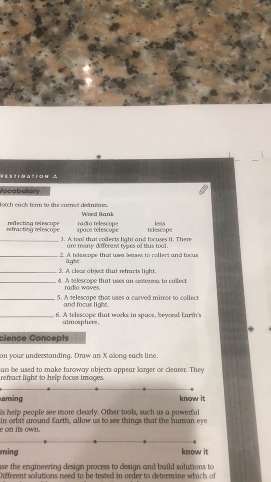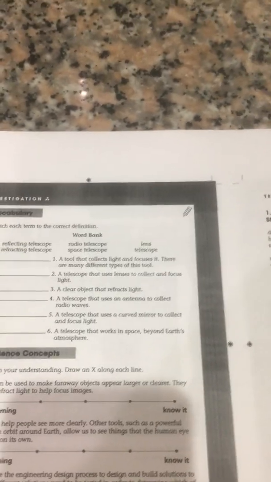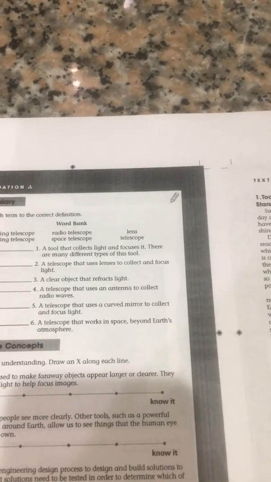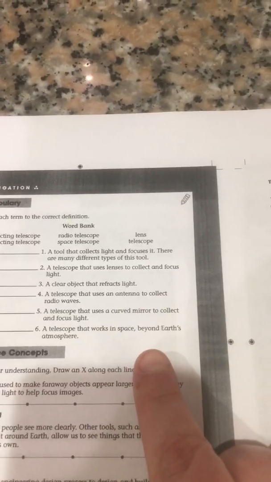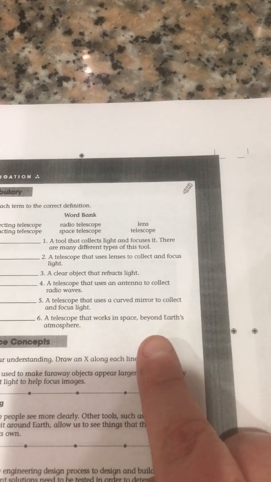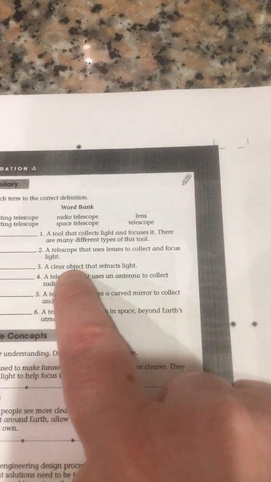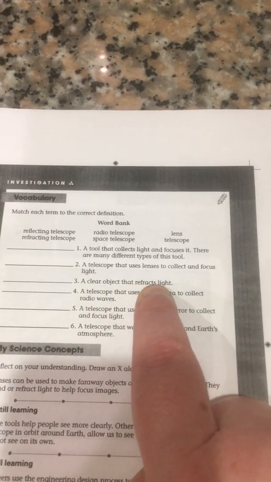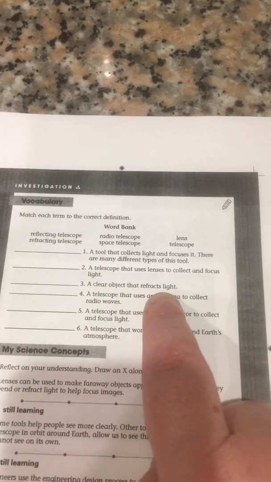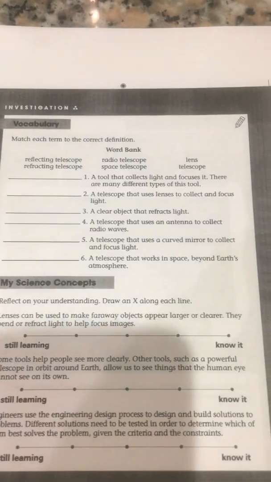All right. Now there's a couple different clues in these different telescopes. Okay, like this one, a clear object that refracts light. If it refracts light, it's an object that's called a lens. Lenses actually bounce light around.